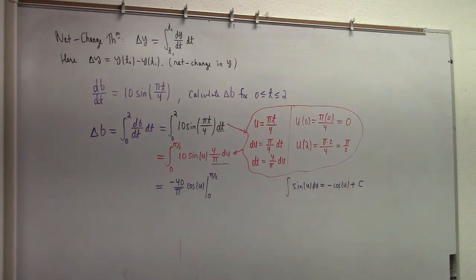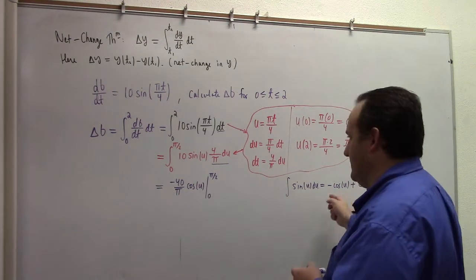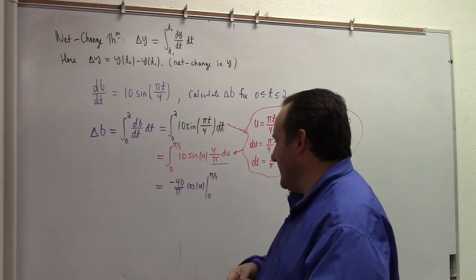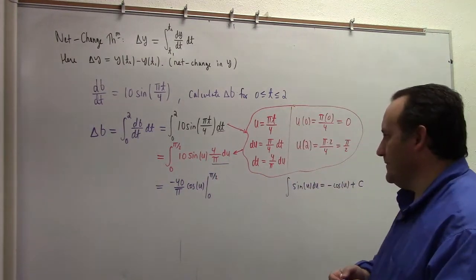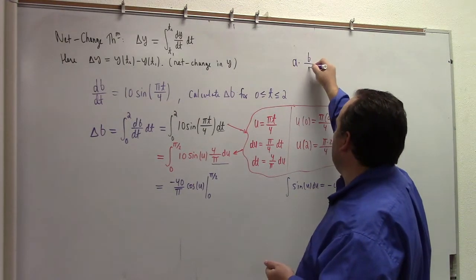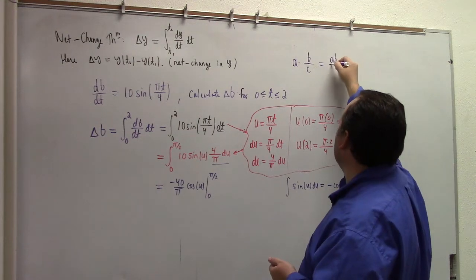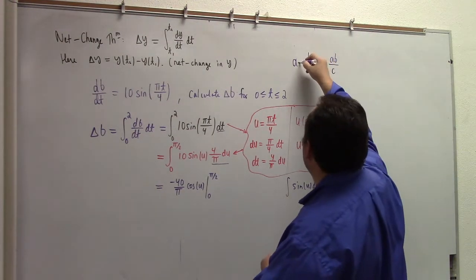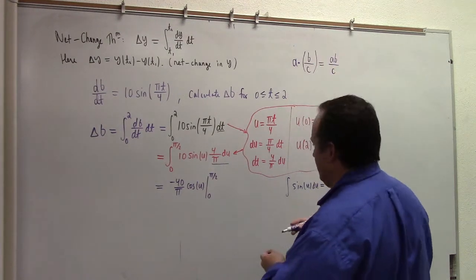No, we get the minus from the integration, but the 10 and the 4 just multiply to give us 40, still divided by pi. The algebra step there is if we have a times b over c, that's equal to a times b over c. That's the arithmetic rule I'm using.